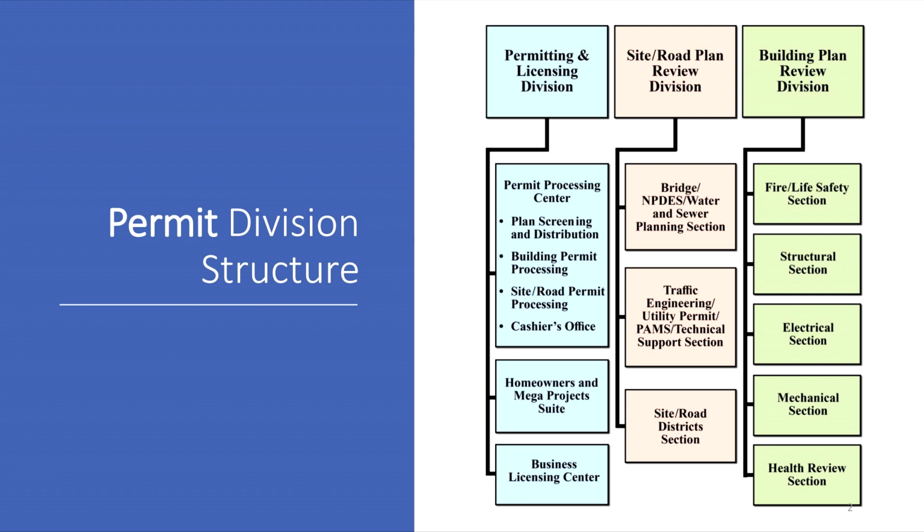The Building Plan Review Division reviews all building plans, residential and commercial, to ensure compliance with all applicable building codes and standards. The Fire Life Safety section conducts all reviews of projects that require a fire review.